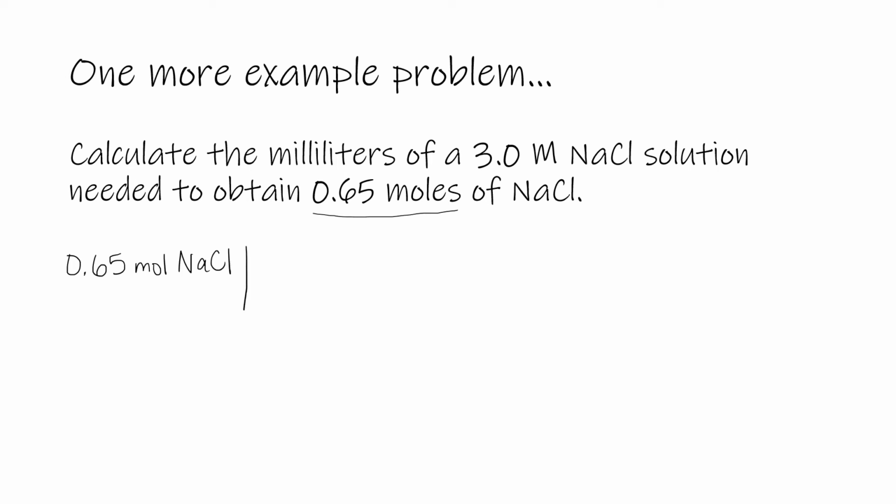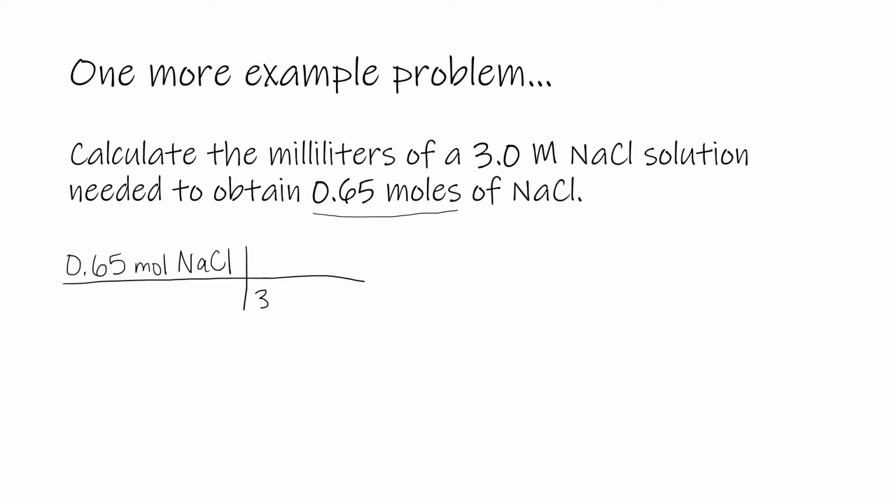We need to calculate milliliters, and so we can use our molarity to convert between moles and liters, and then we'll do one more conversion to get to milliliters. So a 3.0 molar solution means that you have 3.0 moles of sodium chloride in 1 liter of solution.